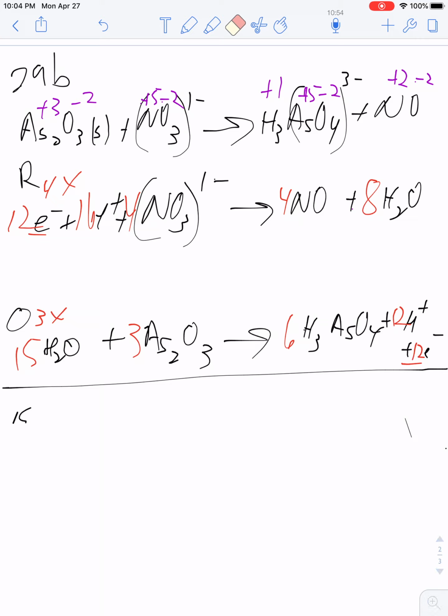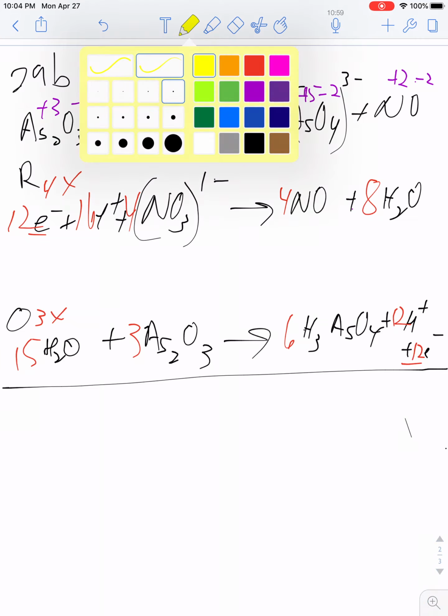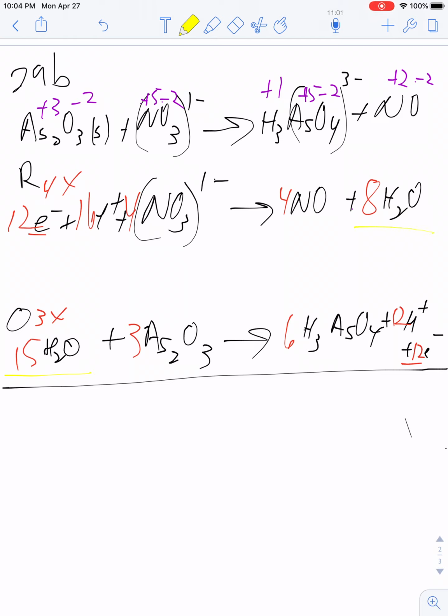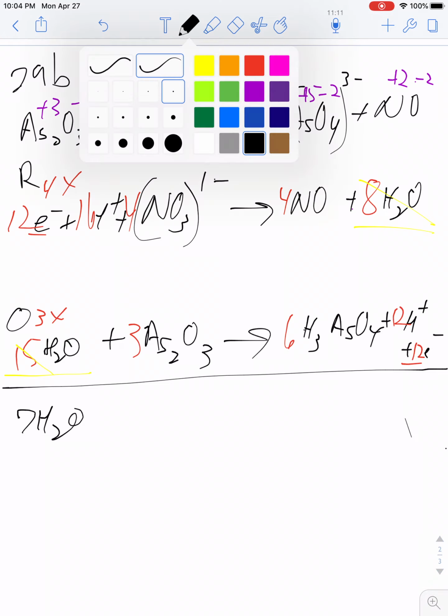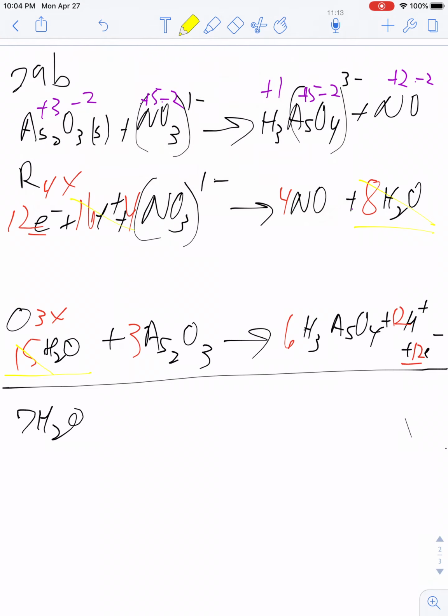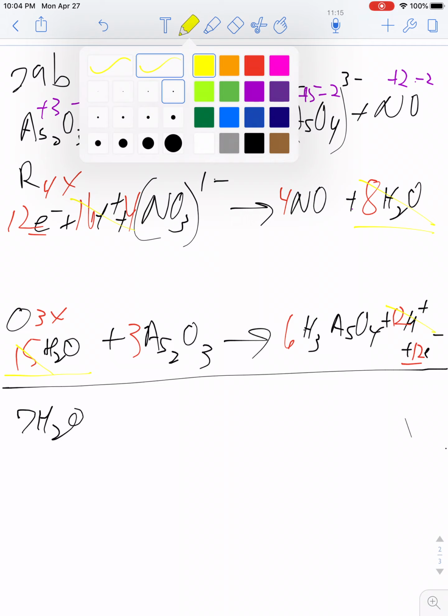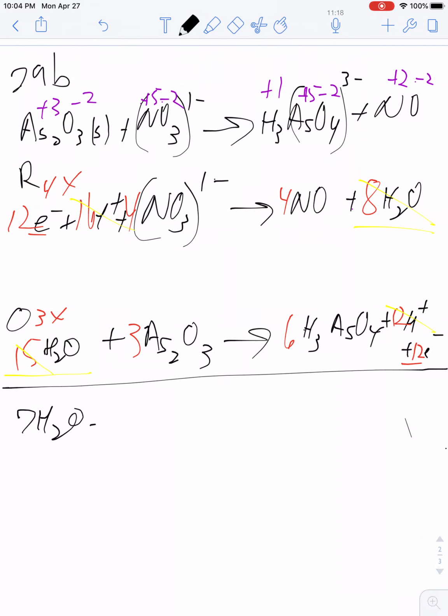Now we have 15 waters on this side and 8 waters on that side. So those 8 are going to cancel. So I'm going to end up with 7 waters. I have 16 hydrogens here and 12 there, so I'm going to be left with 4 hydrogens.